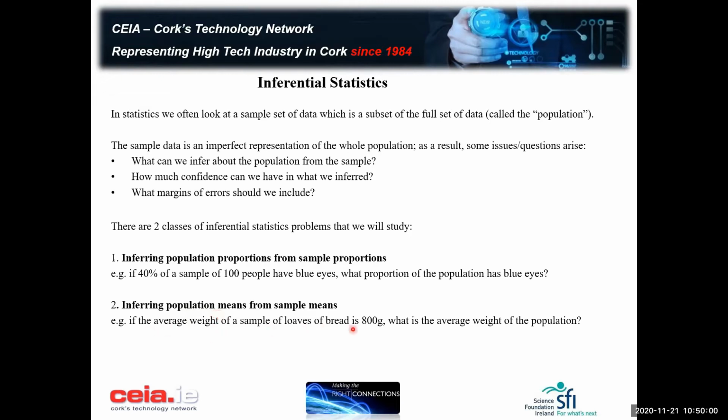I'll give you an example here where you have a sample of loaves of bread and you measure their average weight, and you try to infer what the average weight of the population is. Population doesn't mean people in this context, it just means the full data set. What is the average weight of all of the loaves of bread? And how accurate is this 800-gram estimate for that?